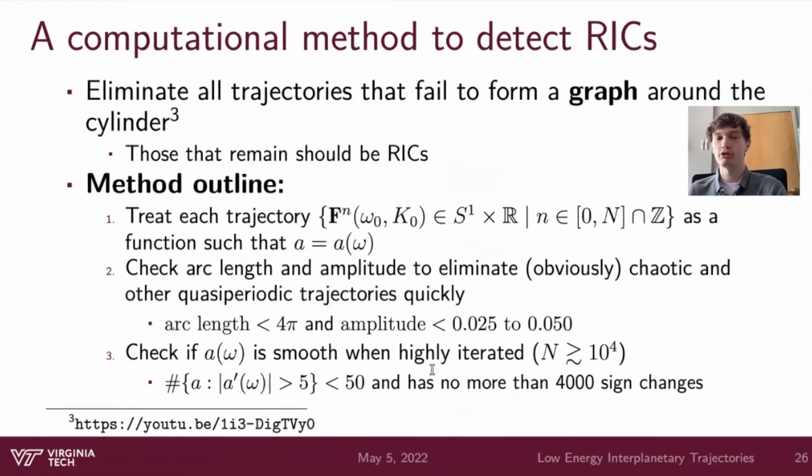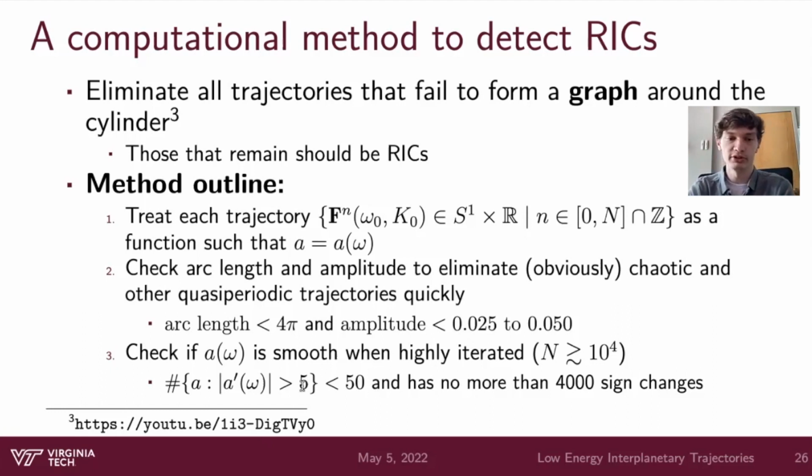Both are very quick, and through trial and error, both tend to be very conservative restrictions on finding Ricks. If you have a Rick, it won't come anywhere close to violating these. This eliminates a lot of contenders. Any trajectory that makes it past these is checked with its gradient. We take a numerical derivative and check how many times it exceeds the threshold.